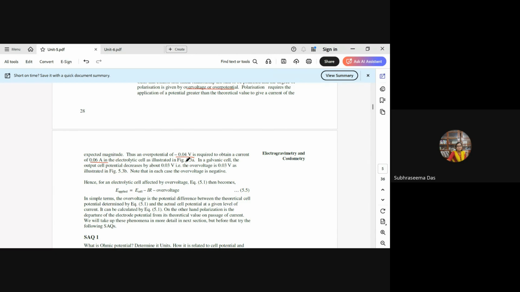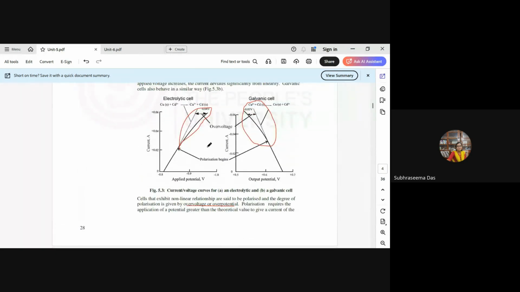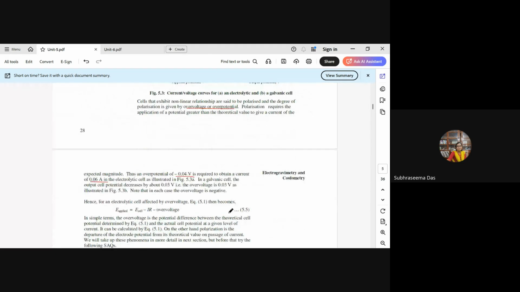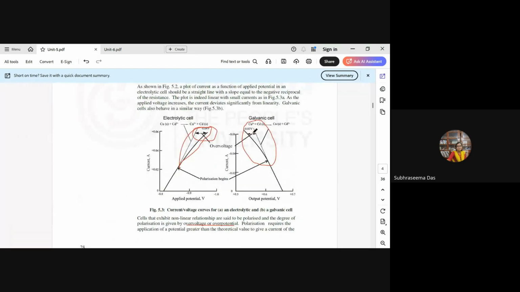As illustrated here in figure 5.3a, we see the difference between the actual estimated value and that which we are observing, and it gives rise to the overvoltage. In a galvanic cell, the output cell potential decreases by 0.03 volt, that is, the overvoltage is 0.03 volt. Here it has been shown.